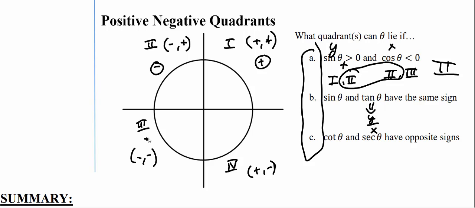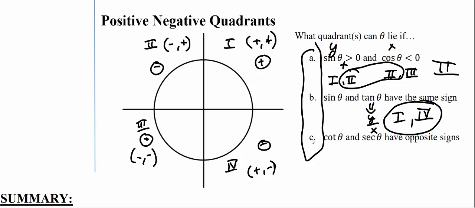It's going to be positive in the third quadrant, because if I divide these, I get positive. If I divide these, I get negative. All right? So where do they have the same sign? Well, they have the same sign in quadrant 1. They do not have the same sign in quadrant 3, but they do have the same sign in quadrant 4. So 1 and 4 are your answers for part B.